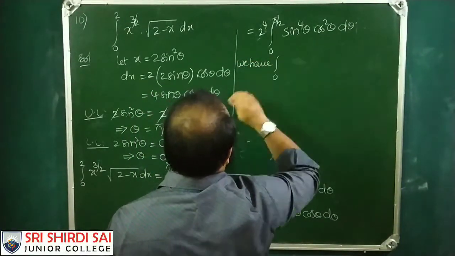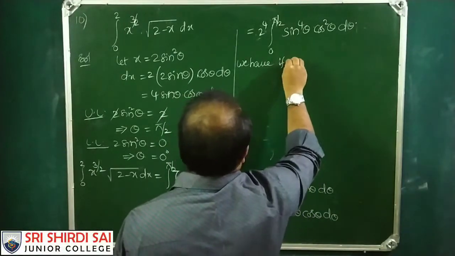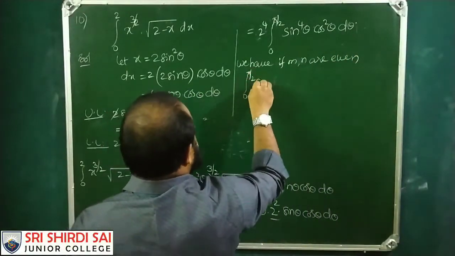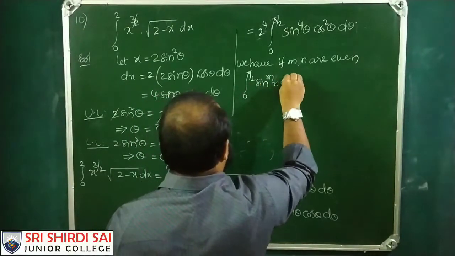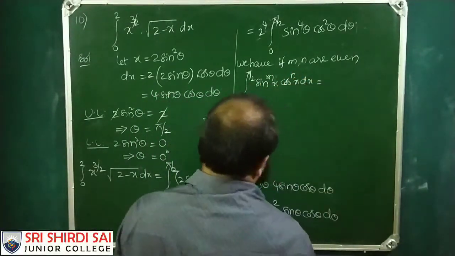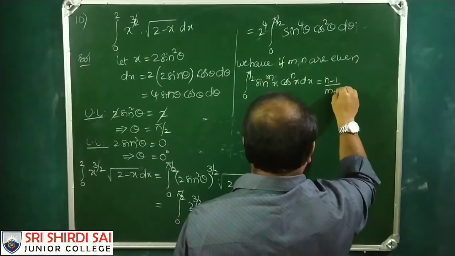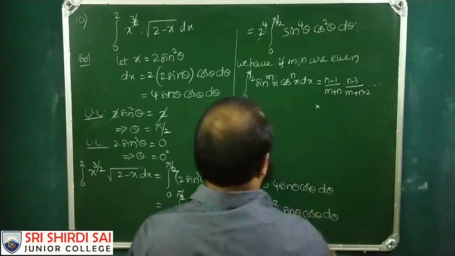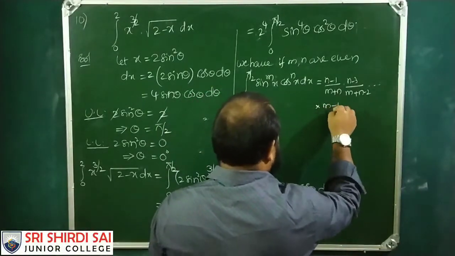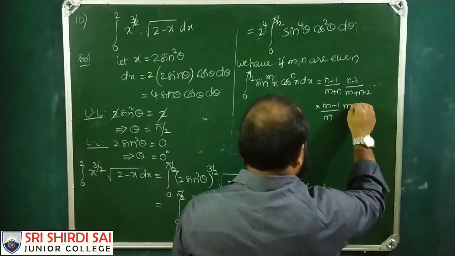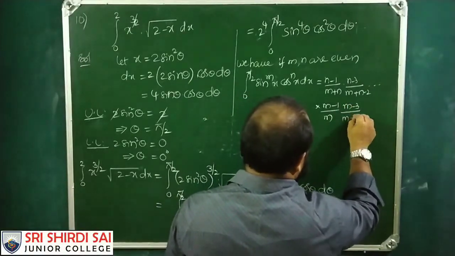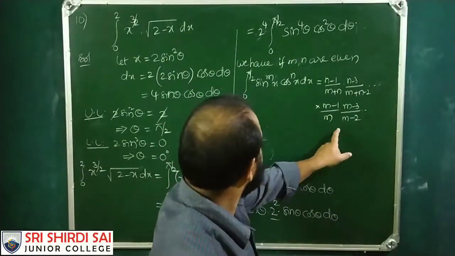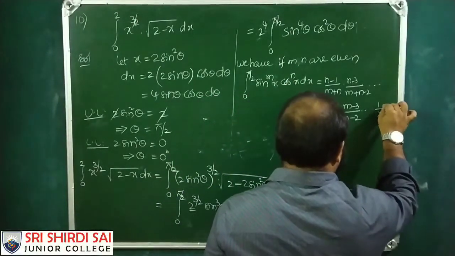if m, n are even, integral 0 to pi by 2 sin power mx into cos power nx dx is equal to n minus 1 by m plus n, into n minus 3 by m plus n minus 2, etc., into the second part, m minus 1 by m, into m minus 3 by m minus 2, etc., into, since m is even, 1 by 2 into pi by 2.